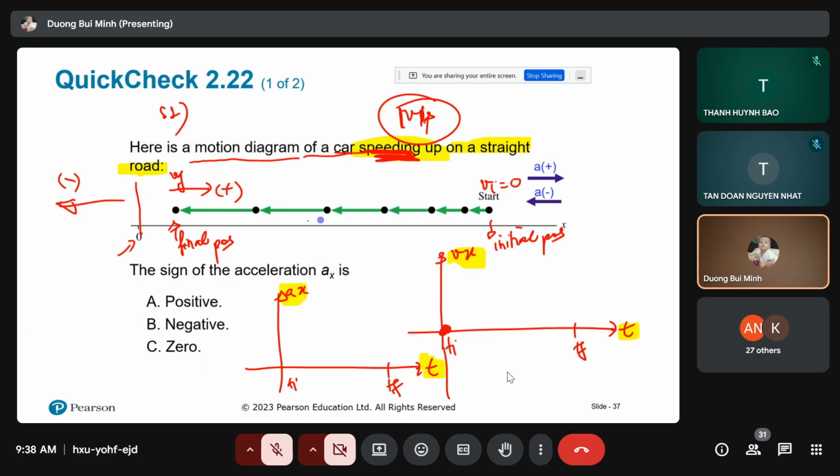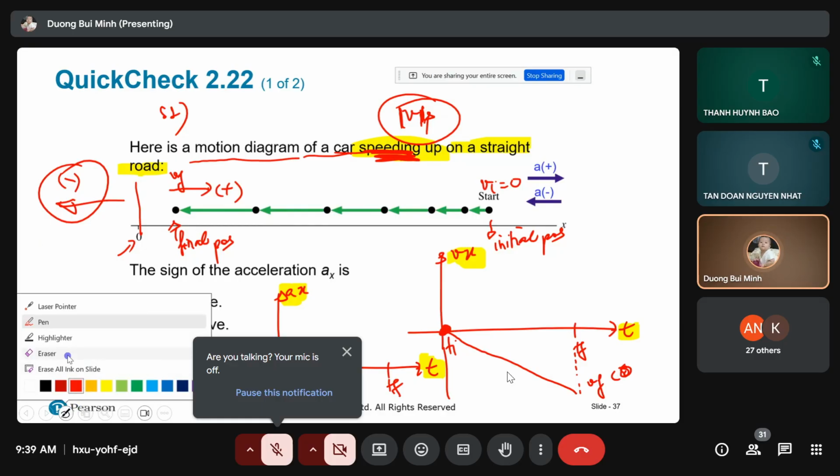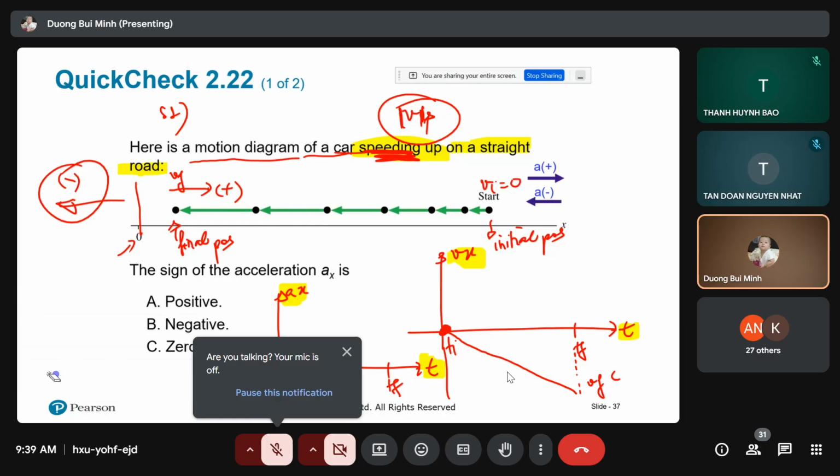But remember, if we follow this direction, that means negative. So we get Vx like this, because Vf is negative, because the car is following the left side direction. Remember this is negative.